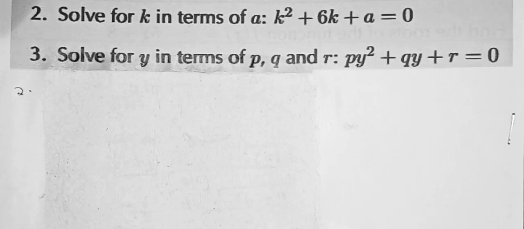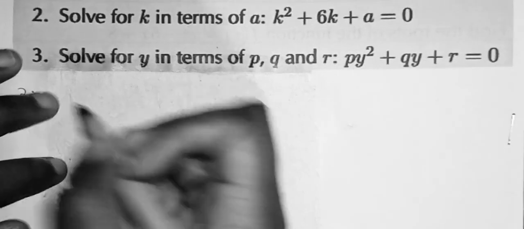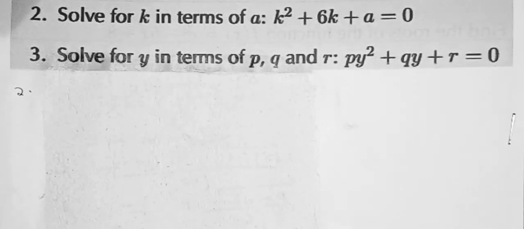So I'm going to use the quadratic formula, which is x is equal to negative b plus or minus the square root of b squared minus 4ac, all over 2a.